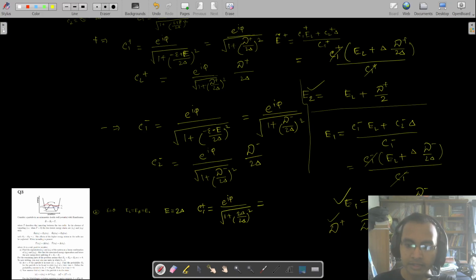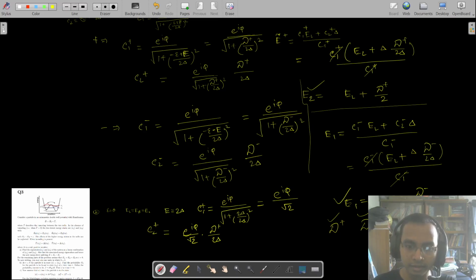And this is basically with 2. Then C2 plus would be times scalarity plus by 2 delta.